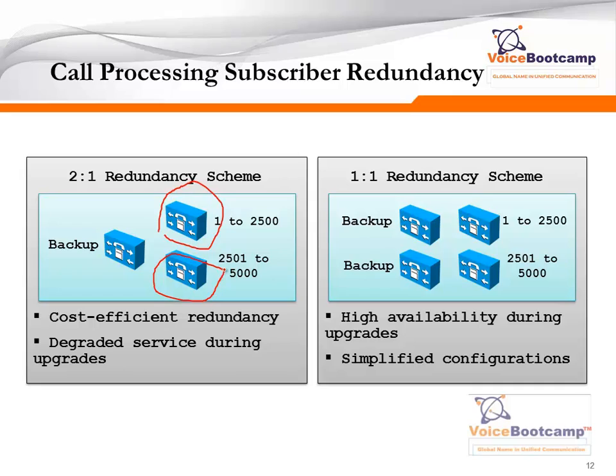However, the backup server will be acting as a backup for both sides. Should one of these servers go down, those 2,500 phones will be registered to the backup call manager. Now if both of them fail, then the backup call manager should be capable of handling 5,000 phones in total.